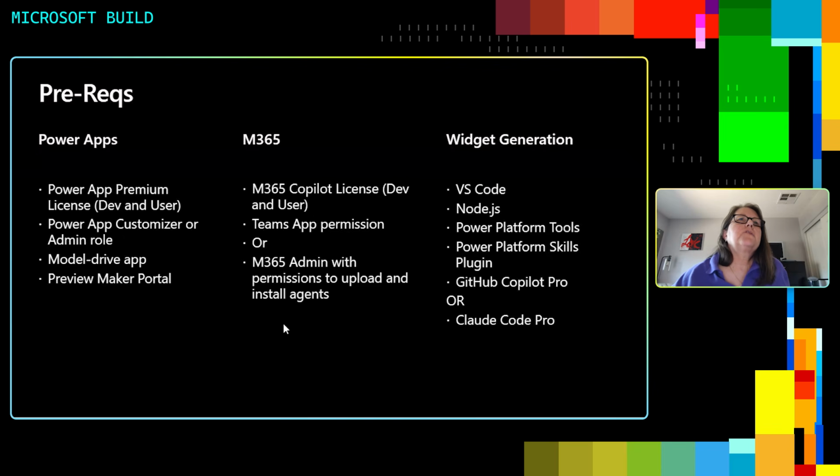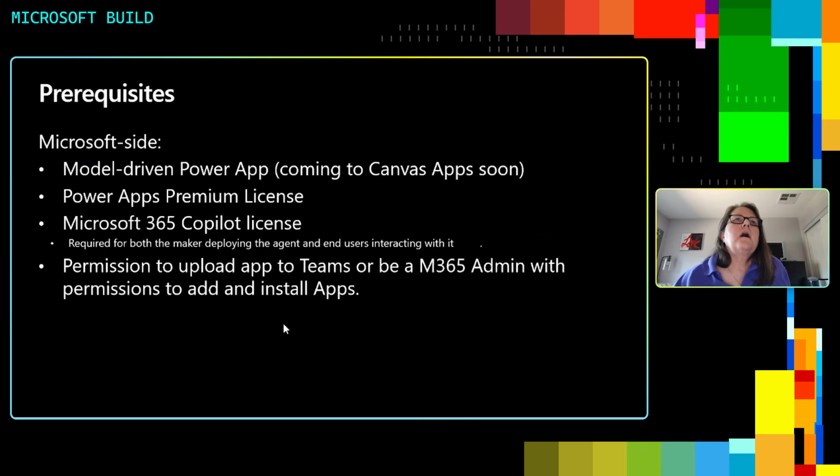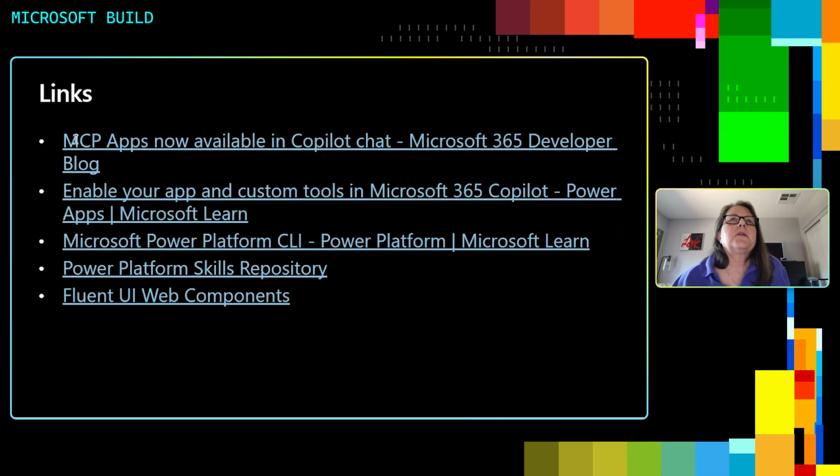And then to finish it off, I have some links in the deck. I'm going to be putting this in the session notes as well as in the GitHub repository that you'll be able to see. But these are links to the general information around how you get the tools, how you look at the skills repository, and some of the web components in Fluent AI.